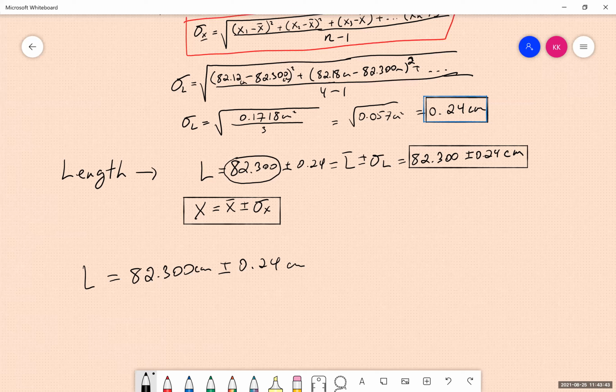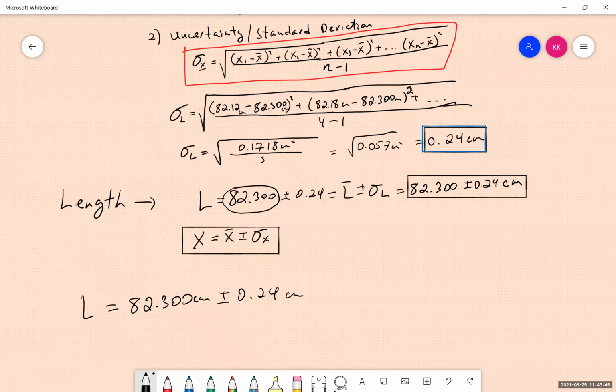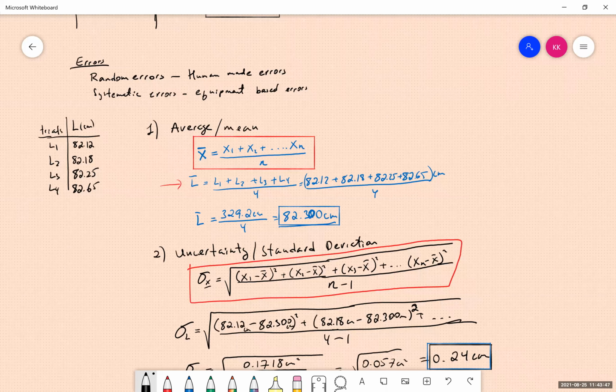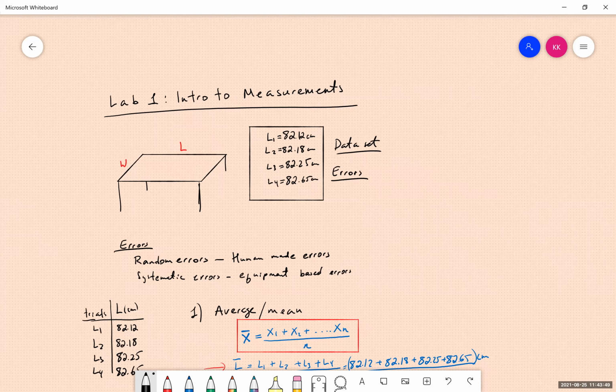Okay. Now, how about the width of the table? If I go back here and look at the width of the table, same thing. You would get a data set. One person does the measurement, and it's a little bit shorter, so maybe let's say 38.25 centimeters. Second person, maybe 38.45 centimeters.